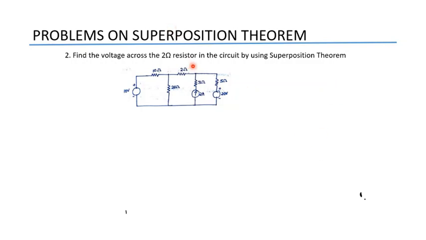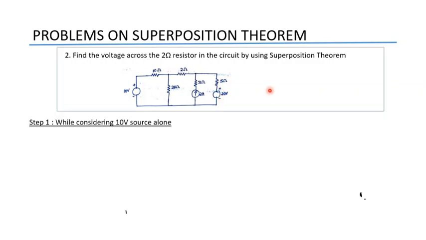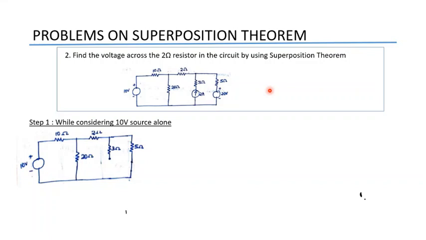So we have to redraw the circuit keeping only the 10 volt source and replace the other two sources. The 2 ampere current source can be replaced by an open circuit and the 20 volt voltage source can be replaced by a short circuit. So the diagram will be like this.